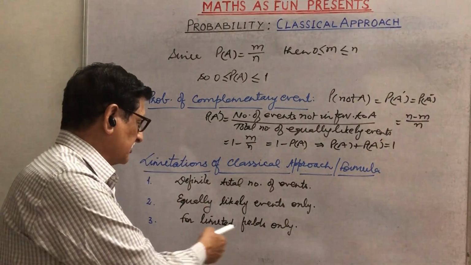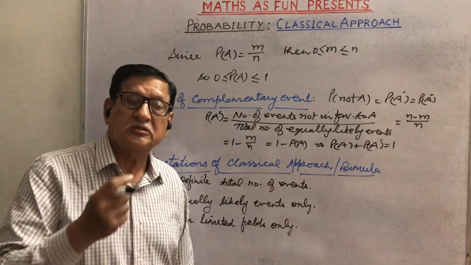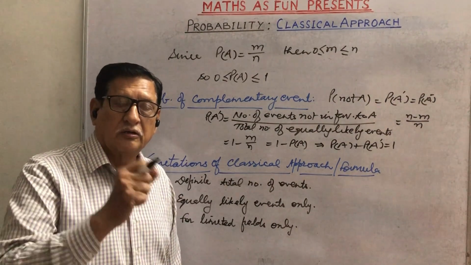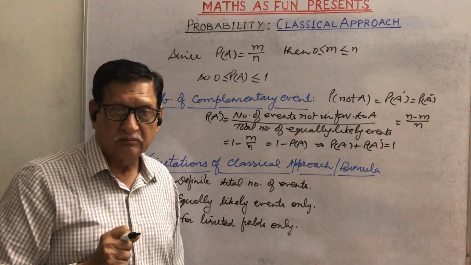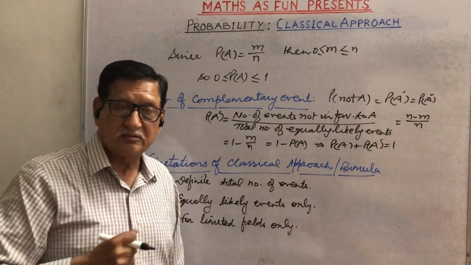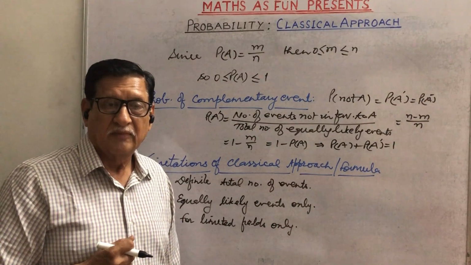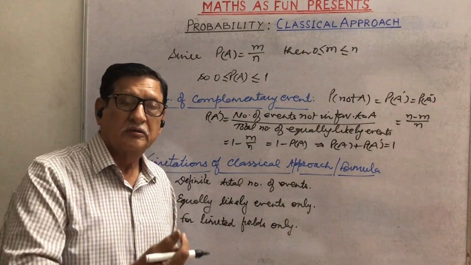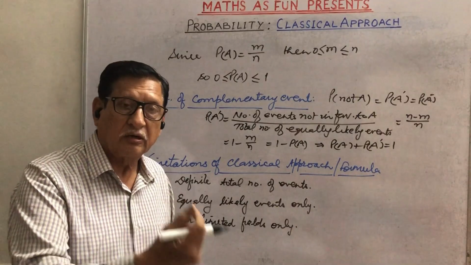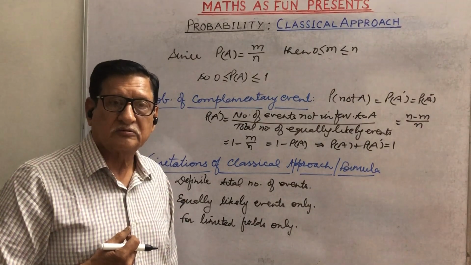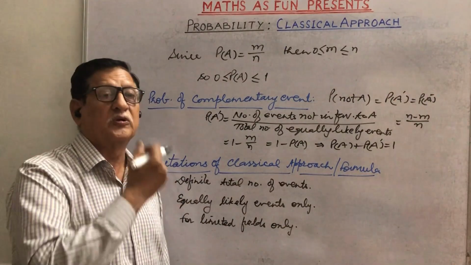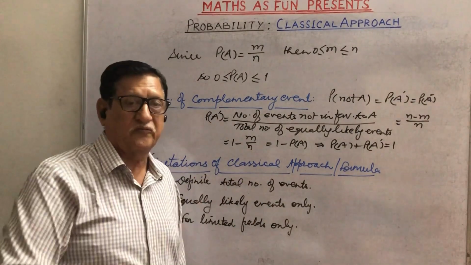And the third limitation is that this is used in limited fields only, like tossing a coin, rolling dice, or playing cards, etc. We are selecting a card from the deck of cards. It means we have to make assumptions before the experiment is performed.